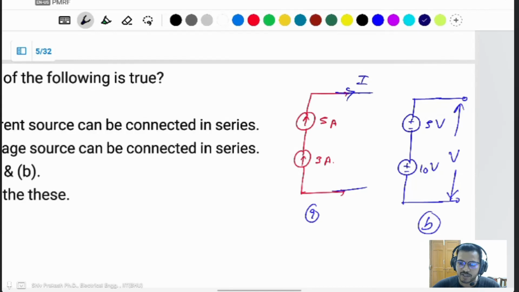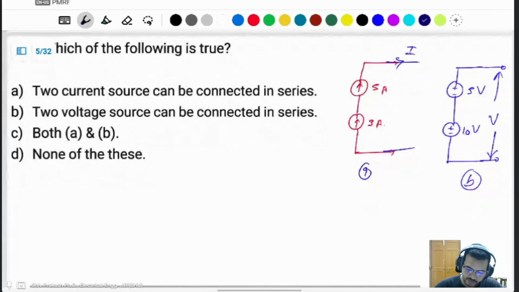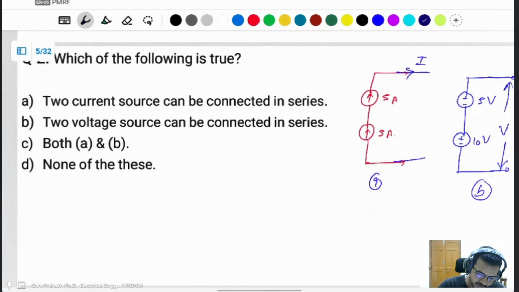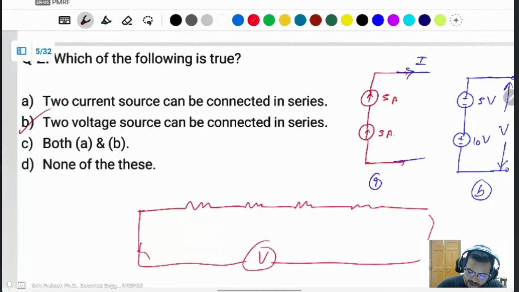Option A is a violation of KCL. Yes. And B is the correct option. Okay, let's go forward. I think all of you know about this one. You can't connect two current sources in series. If a number of resistances are connected in series and you provide some voltage here, then the current in all the branches will be the same.